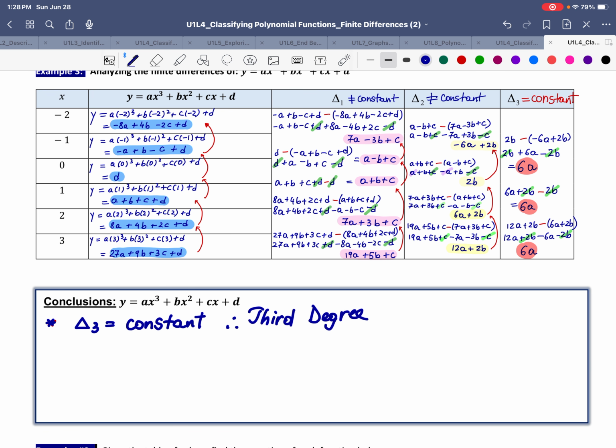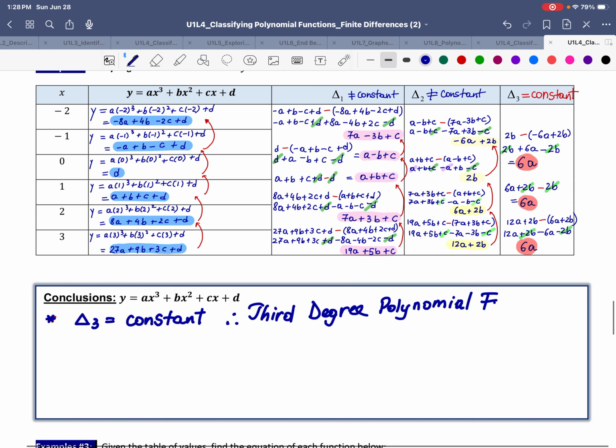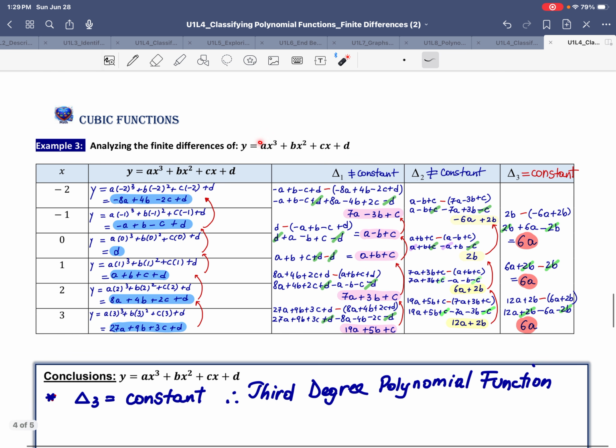Now, other things we need to find out and investigate in here is how the third difference is related to the coefficients, because when we use the table of values to find the equations, it means that we need to find these coefficients. Those coefficients make each polynomial equation of third degree unique in a way.